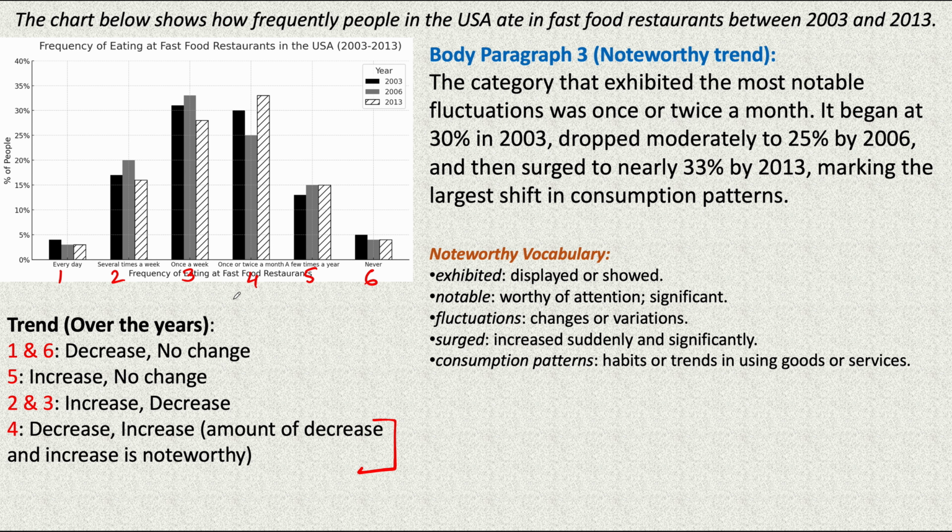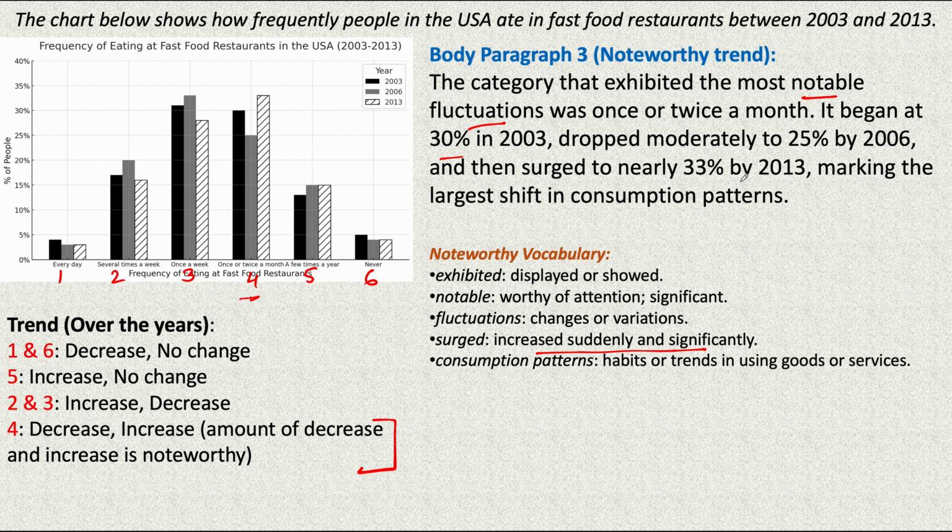That is the fourth category, once or twice a month. The category that exhibited the most notable fluctuations was once or twice a month. It began at 30% in 2003, dropped moderately to 25% by 2006, and then surged, that is, increased significantly to nearly 33% by 2013, marking the largest shift in consumption patterns.